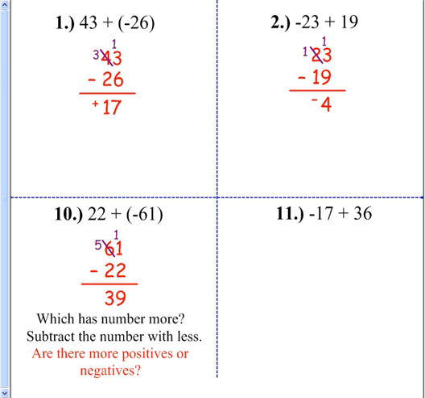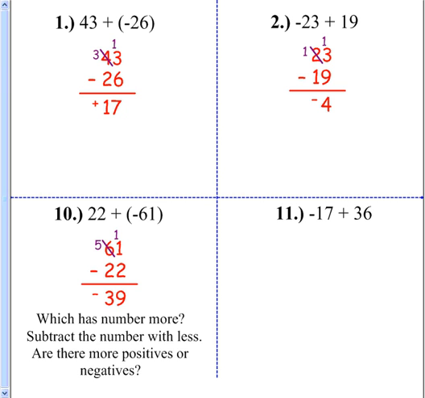Now, we ask the question, are there more positives or negatives between 22 and 61? The answer is there are more negatives. So 61 negatives, taking away 22 of those negatives will leave us with 39 negatives. Our answer, again, is negative 39.